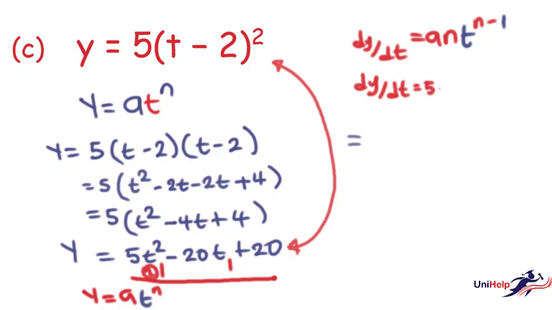5 times 2t raised to the power 2 minus 1, minus, for the second part, 20 times 1, because in this case, t is raised to the power 1, t raised to the power 1 minus 1.